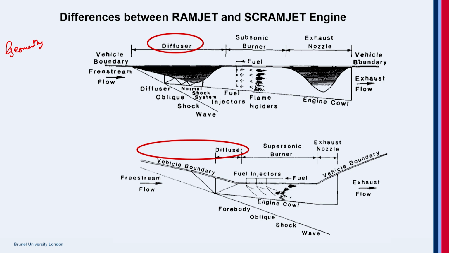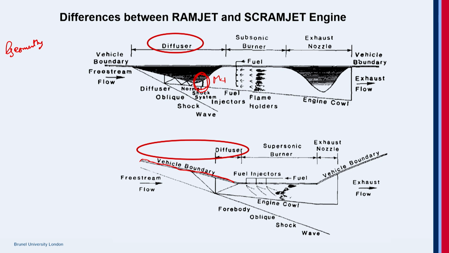For RAMJET, it is a convergent and divergent geometry, and for the SCRAMJET, it is just the divergent. Then, in the shock train, you have a terminal shock or a normal shock in RAMJET to make it M less than 1. Here there is no terminal shock in the case of the SCRAMJET engine. So there is a difference in the geometry and a difference in the shock train.